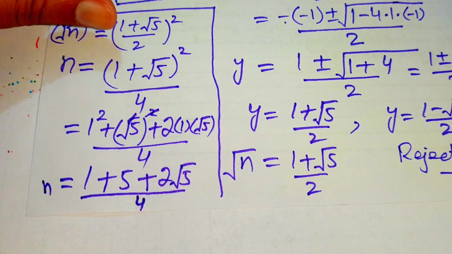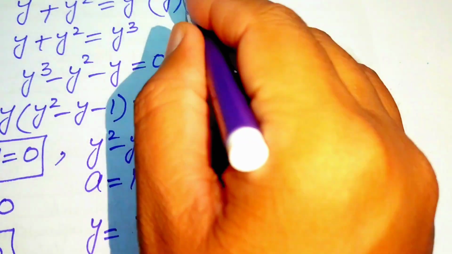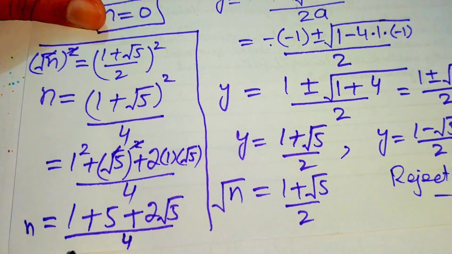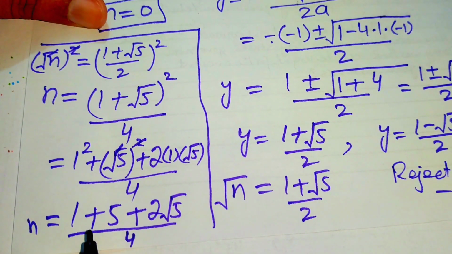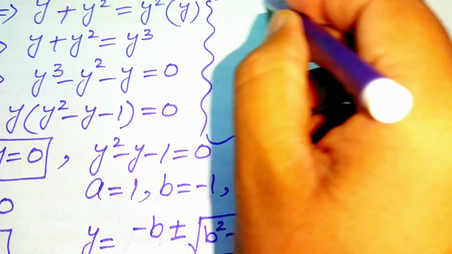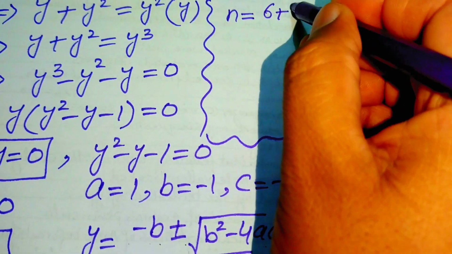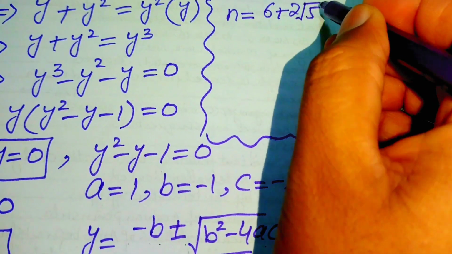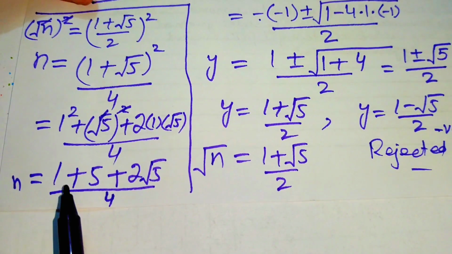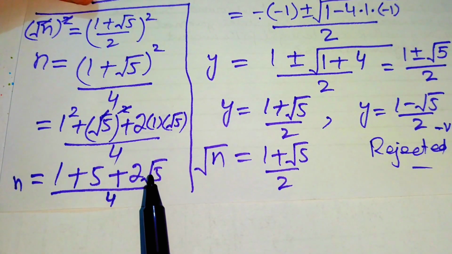We know that 1 plus 5 equals to 6, so we write n equals to 6 plus 2 times square root of 5 divided by 4.